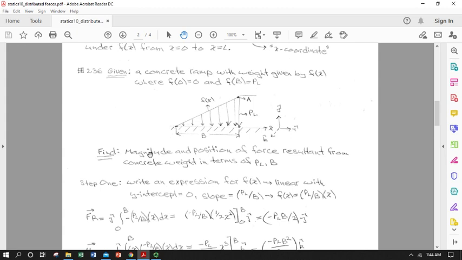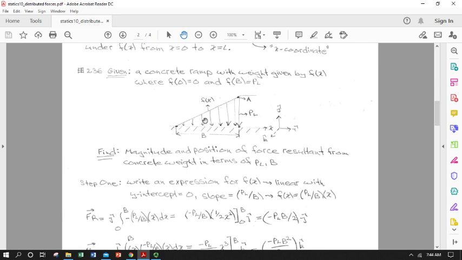So someone wants us to find the magnitude and position of the force resultant from the concrete weight in terms of P sub L and B. And so P sub L is the weight per unit length right at the top where the ramp is the tallest, and B is the length of the ramp from where it hits the grass up to where it attaches to the porch.